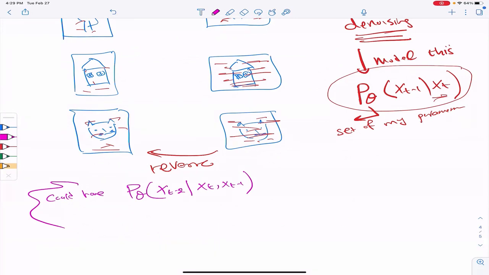You could have other types of generation process. There is nothing fundamental about the assumption that we have. Obviously, this is simpler because it has a Markovian assumption, saying that you're just going one step back. And when you go one step back, you really don't care about the earlier samples. But really, there is nothing fundamental about the model. It's just a model.